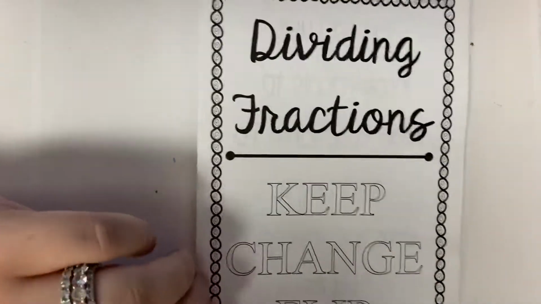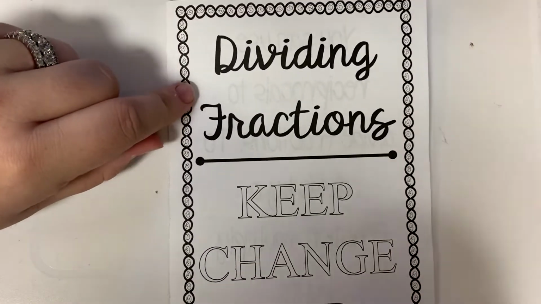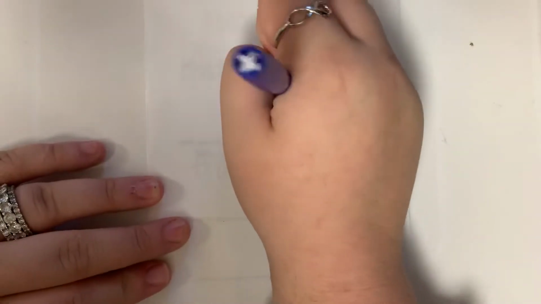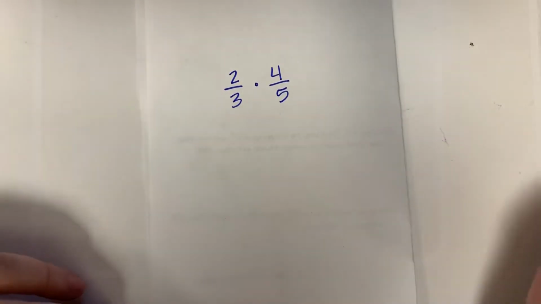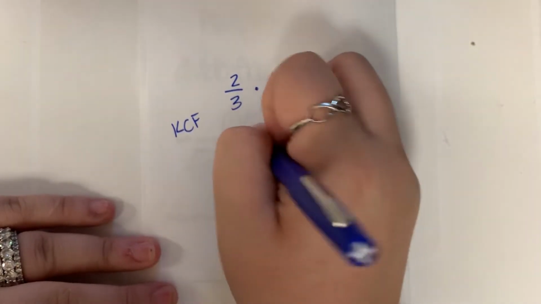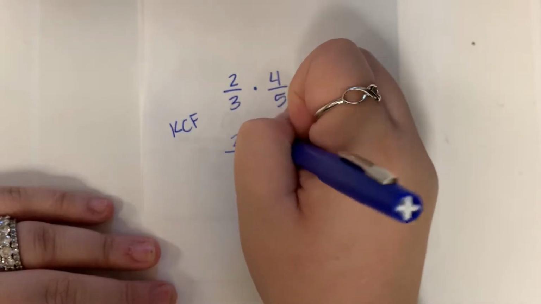For dividing fractions, if you remember, we talked before, you don't have to write this down, just pay attention, about the fact that when we multiply a fraction, we've already talked about the fact that we can keep it, change it, flip it. So we would keep 2/3, change multiply to divide, and flip 4/5 to 5/4.